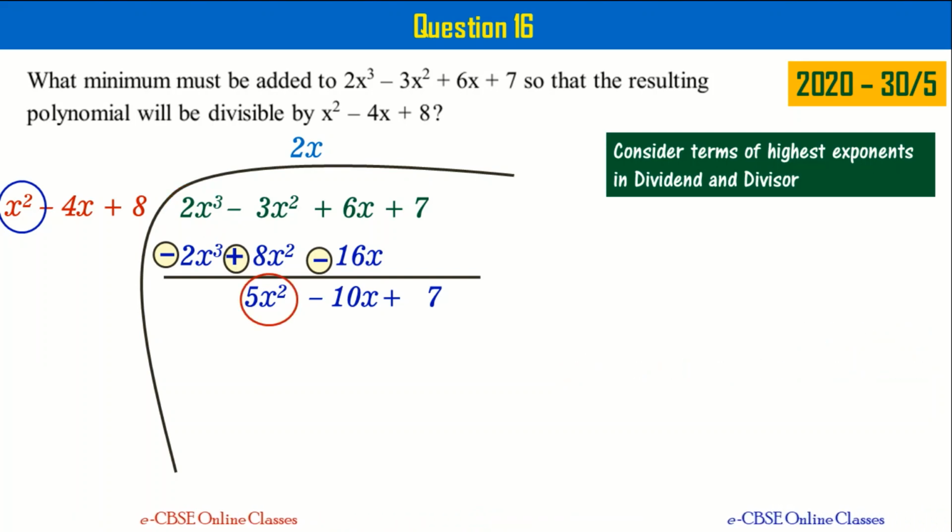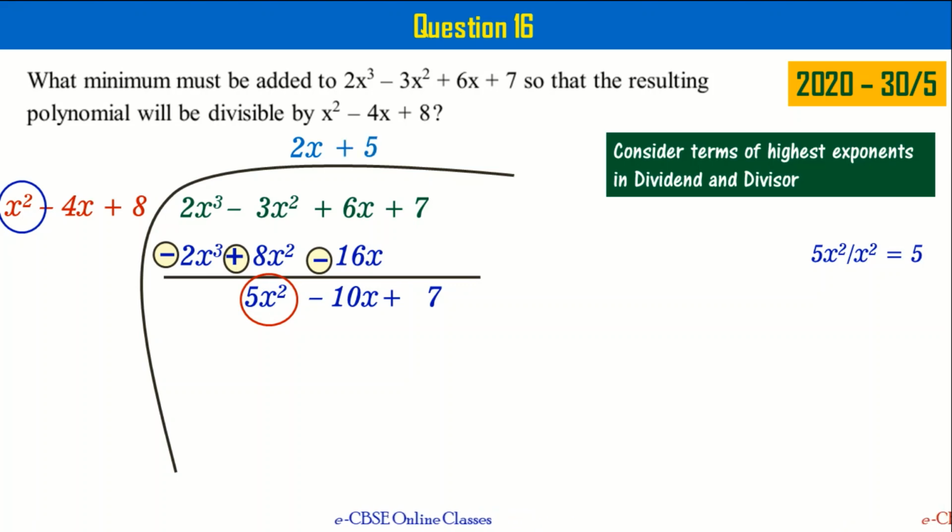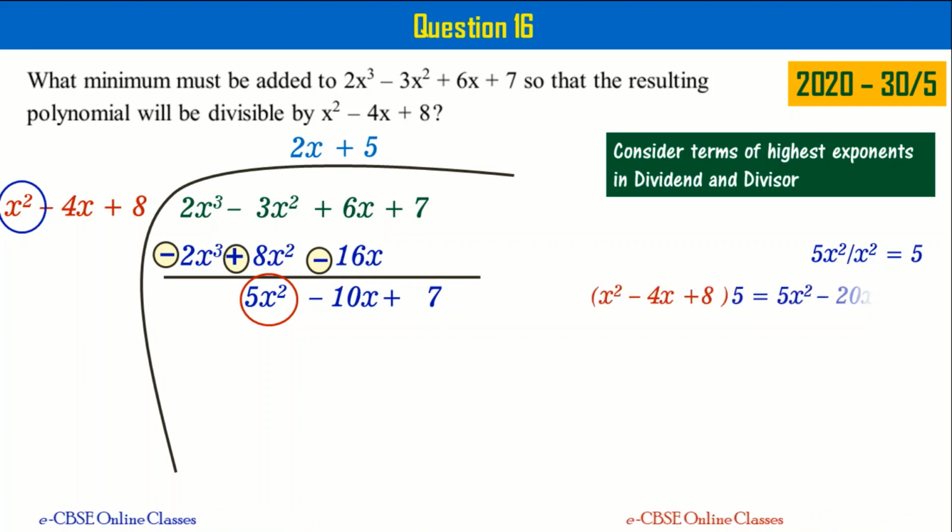So the term with highest exponent is 5x square. Let me divide 5x square with x square. The answer is 5, and plus 5 has to go at the top as part of the quotient. So now let me multiply the divisor with 5, and whatever I get, I have to subtract that from previous expression.